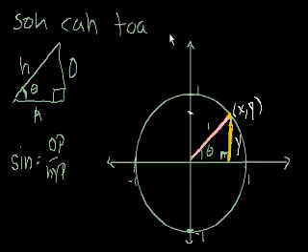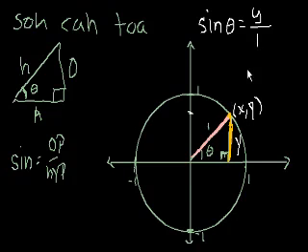So sine of this angle right here, sine of theta, is going to equal the opposite side, which is this yellow side, which is just the y coordinate, so y over the hypotenuse. The hypotenuse is this pink side here. And what's the length of the hypotenuse? Well, it's the radius of this unit circle, so it's 1.